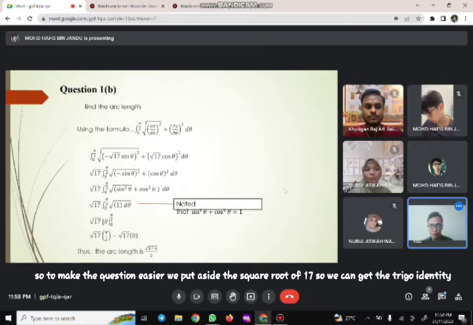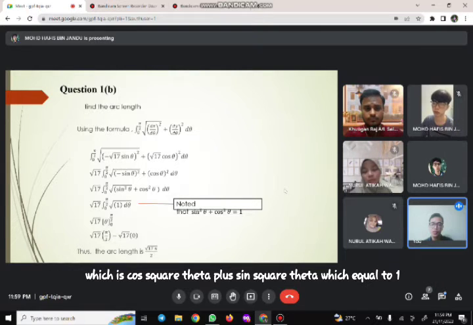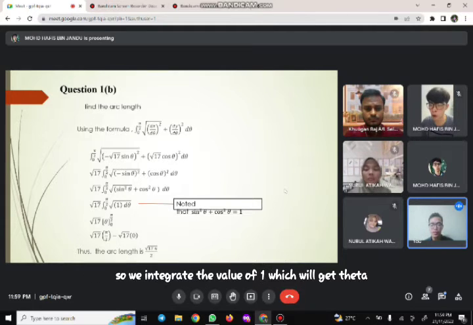To make the equation easier, we put aside the value of the square root of 17, so we can get the trigo identity, which is sine square theta plus cosine square theta equals 1. So we integrate the value of 1, which will get theta.